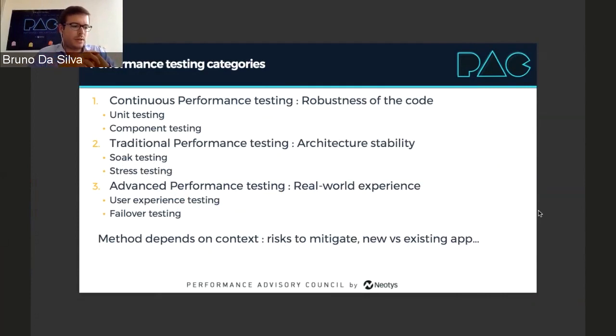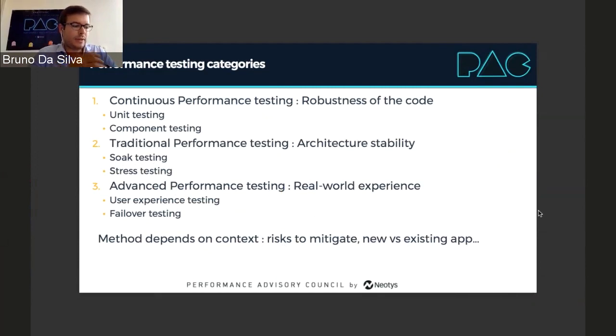And finally, the last category is the advanced performance testing. That's how I will call it. Because even if it's rarely done, it's a good opportunity to deep dive and test for real world experiences, such as user experience you can measure, or testing for resiliency of your system upon critical failures. So for example, the failover testing.